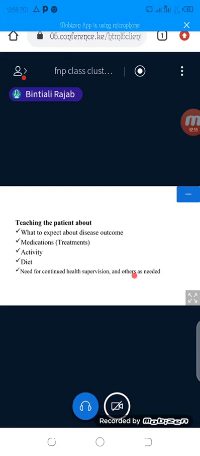These are the instructions that you're supposed to tell the patient during discharge. I hope we are together now. So as you are discharging a patient, you explain to the patient what to expect.